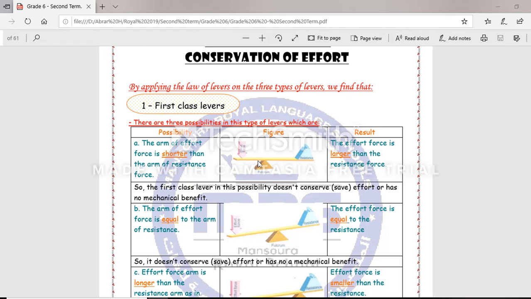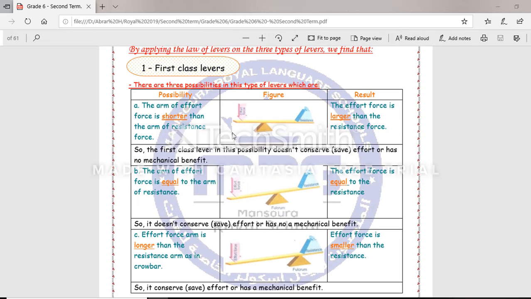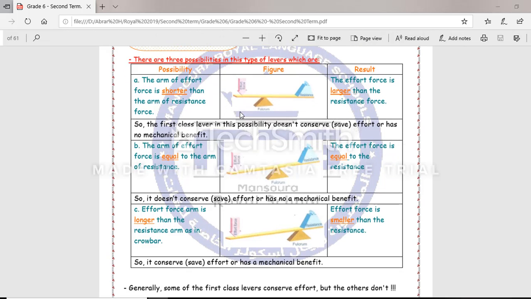Why? Because the arm of effort is shorter than the arm of resistance. So the first class lever in this possibility doesn't conserve effort or have a mechanical benefit. Why? Because the effort is larger than the resistance.